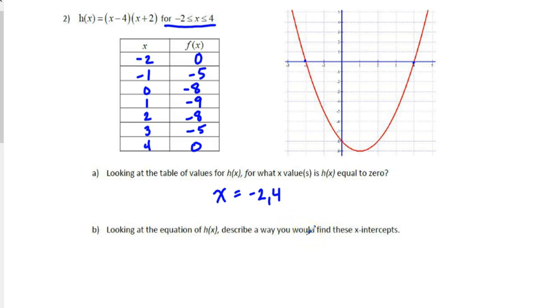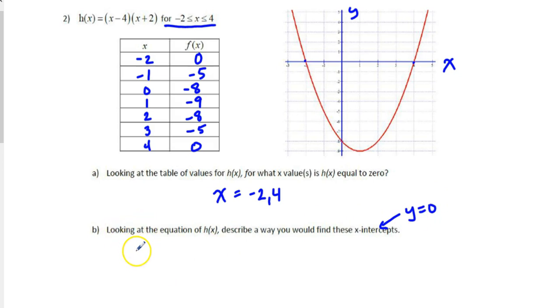Well, let's see what we know again. For x-intercepts, let's just make a little note here. That's where the y is equal to 0. All along that graph, along the x-axis, y is equal to 0. So when you see x-intercepts, you can immediately know that y is equal to 0.